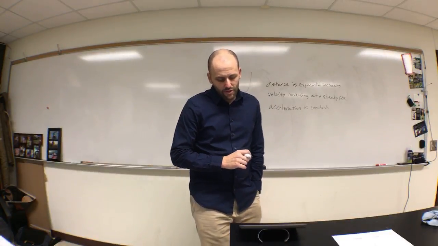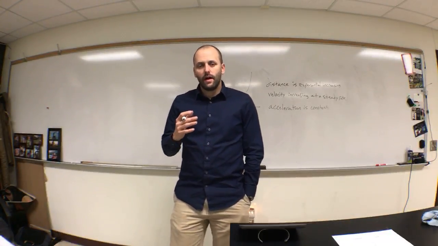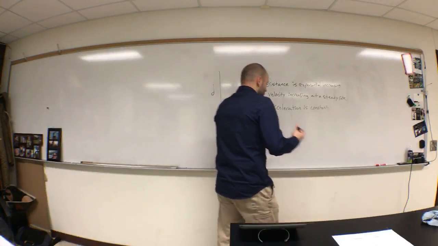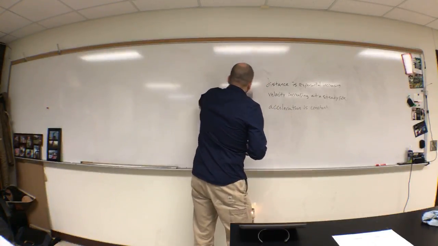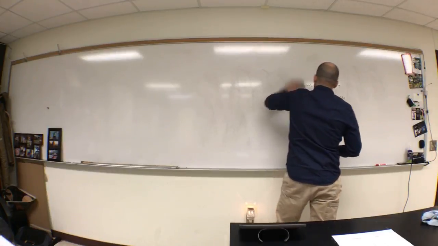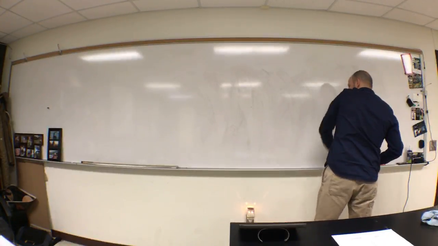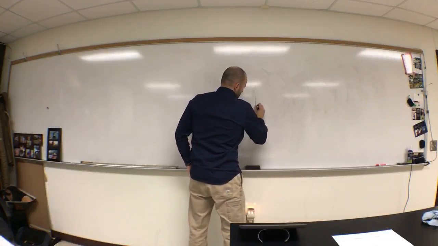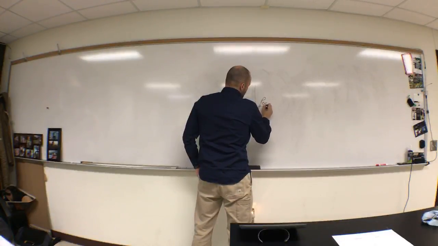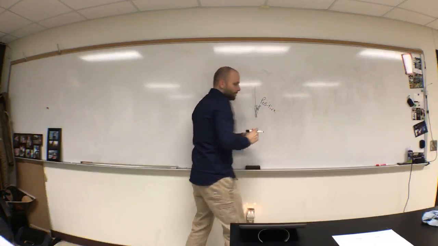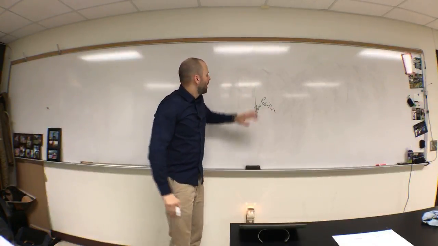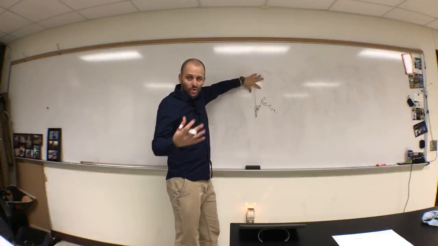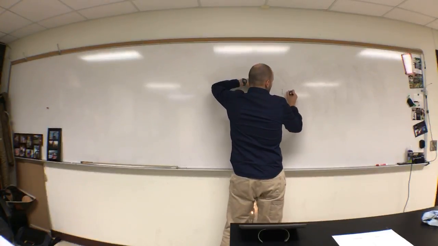So looking at number 10, we're talking about an object falling, or a person falling, and we're going to consider their velocity positive. If this is where they're going and we say that's positive, when they release their parachute, that is going to slow them down. So their velocity would be slowing down.